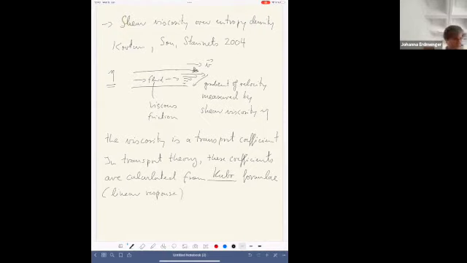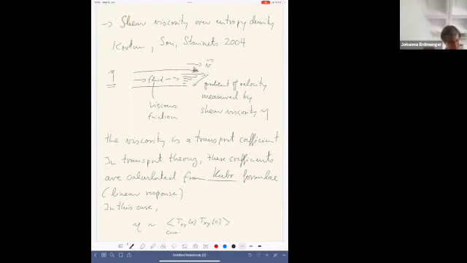And in this case, the shear viscosity is obtained from a Kubo formula, which relates it to the correlation function of the energy momentum tensor.